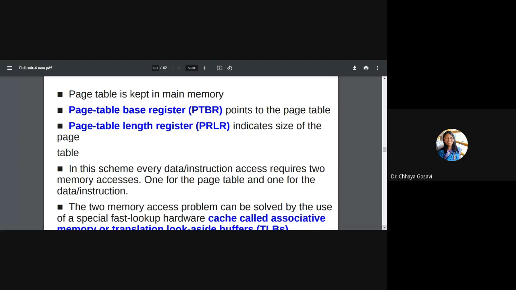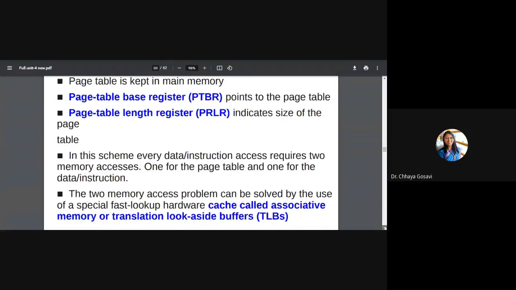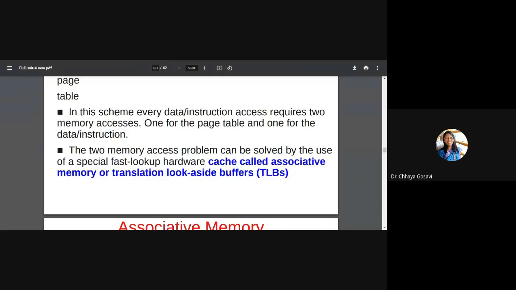This is how the page table is implemented. We need a page table base register and a page table length register. Sometimes for accessing every address, we need two memory accesses.